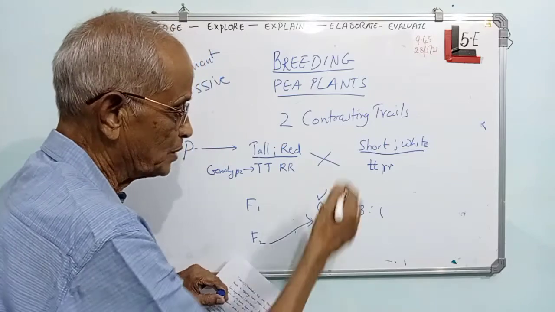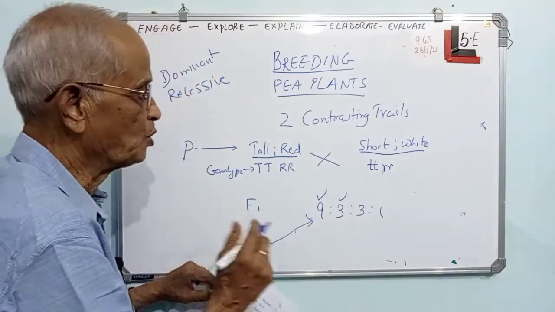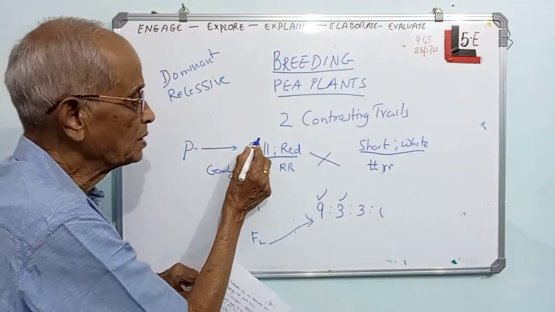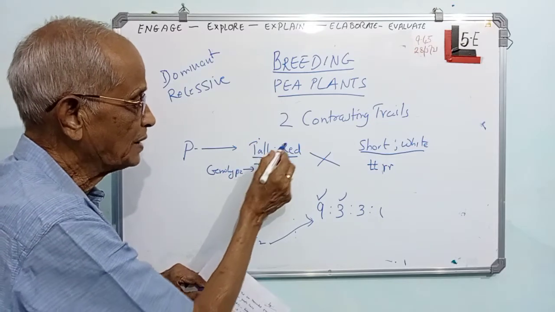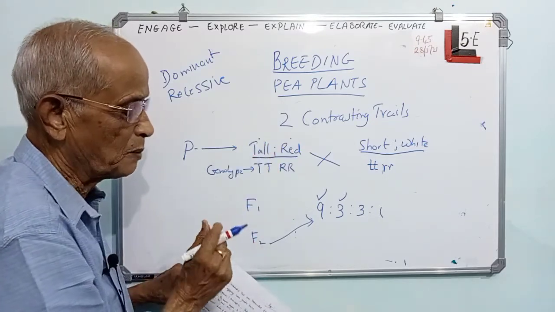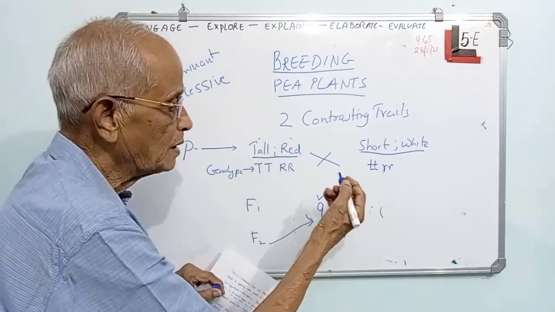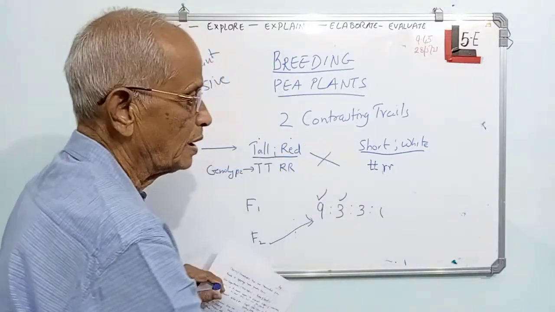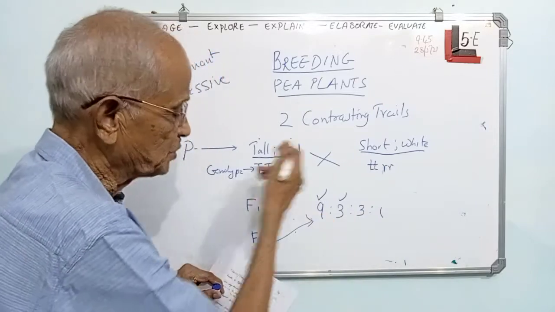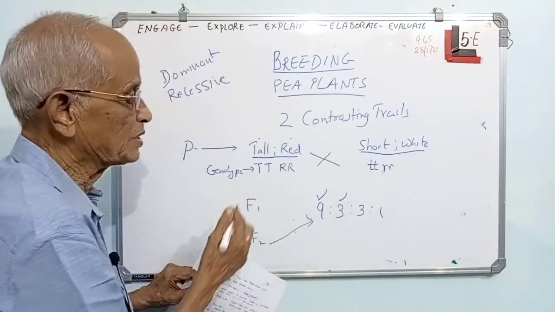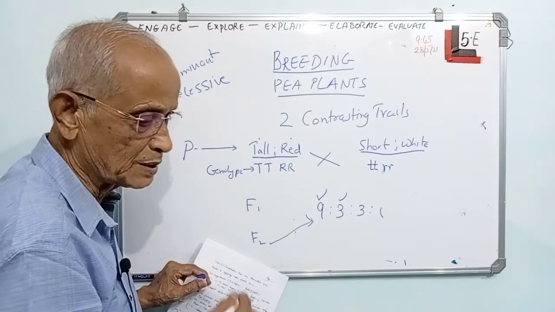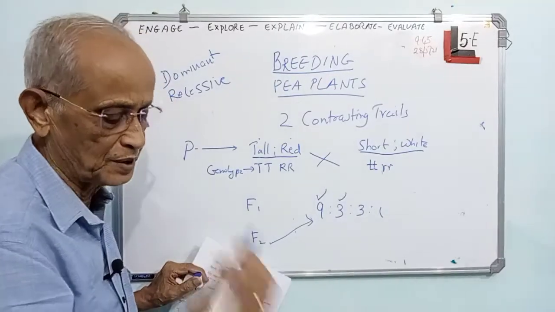He did. So by doing all these experiments, he found out that the tallness and the red trait may not go together. They independently sort out and segregate. So by these experiments, he came out with the law of independent assortment and law of segregation.